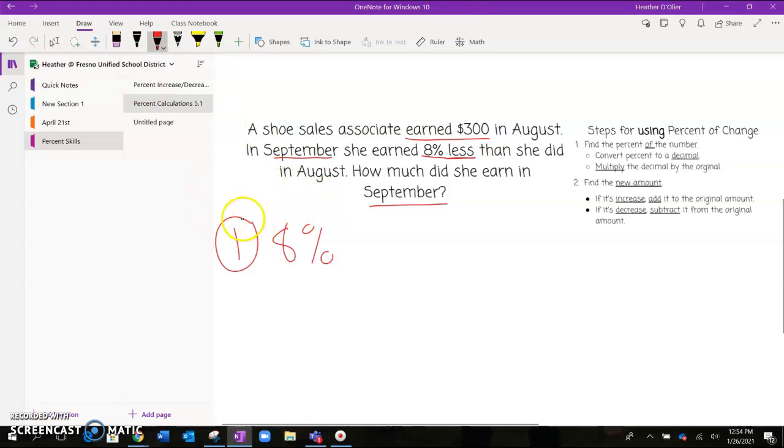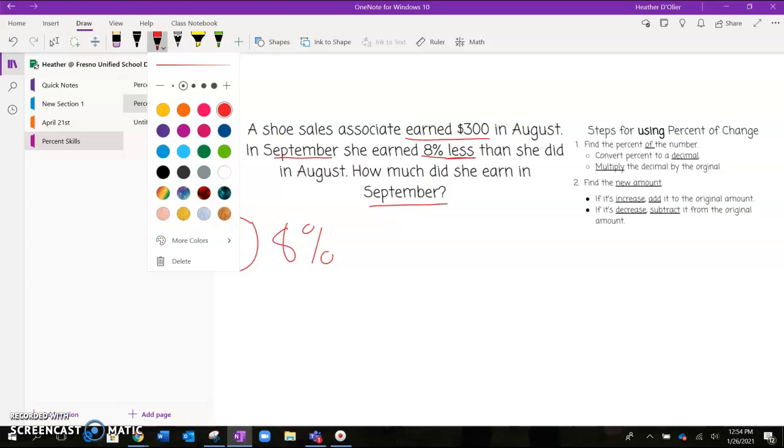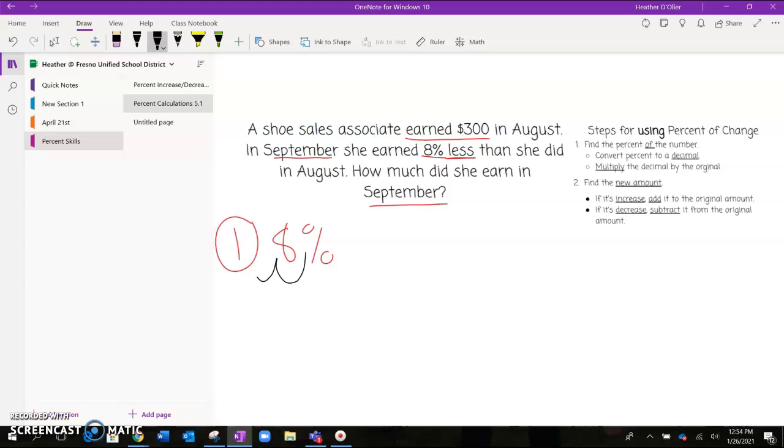And I'm using my arrow to say that I'm going that way. All right, and I'm going to show it in black so you see the difference. All right, 1, 2. When there's nothing there, I have to add a 0. So that's why this is 0.08, not 0.8, because that would be 80%.